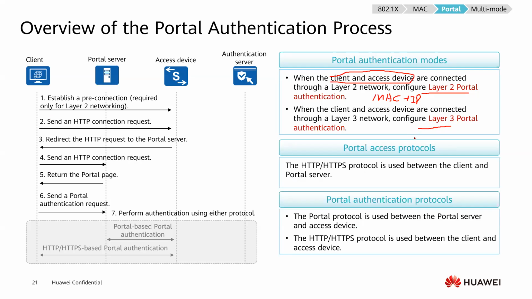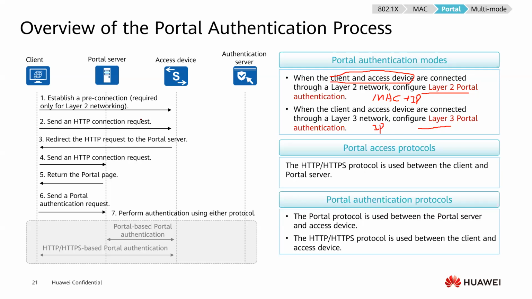However, if the client and the access device are in different network segments, we need to configure layer 3 portal authentication. In this mode, it's flexible for networking, but it can only use the IP address to identify different users.